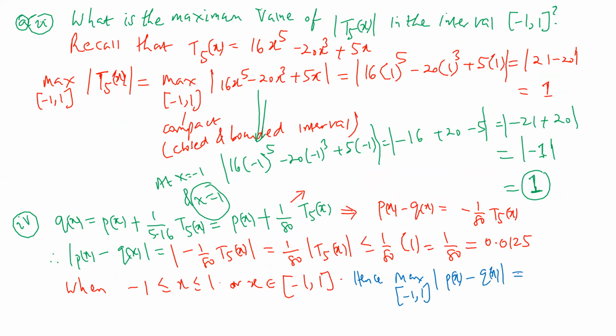This maximum value is exactly that. So you can write it 0.0125, or you can say the maximum value is exactly 1 out of 80.